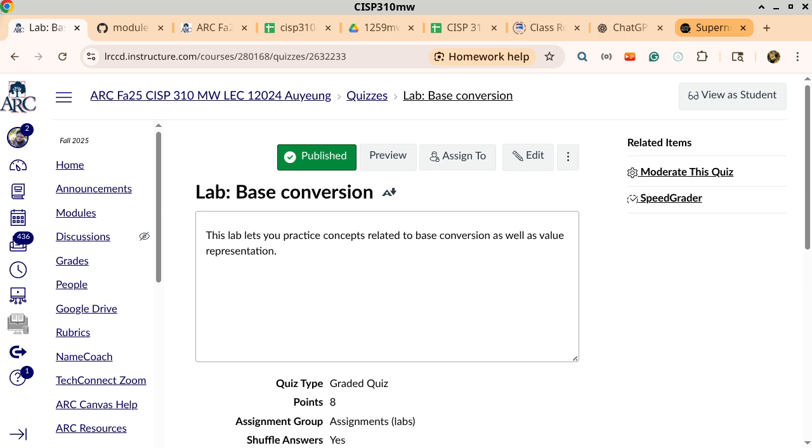But that's the homework assignment. That's the lab for now. It's just about base conversion. All right. The access code is heptapod, which describes beings that have 7 limbs, like the aliens in Arrival.